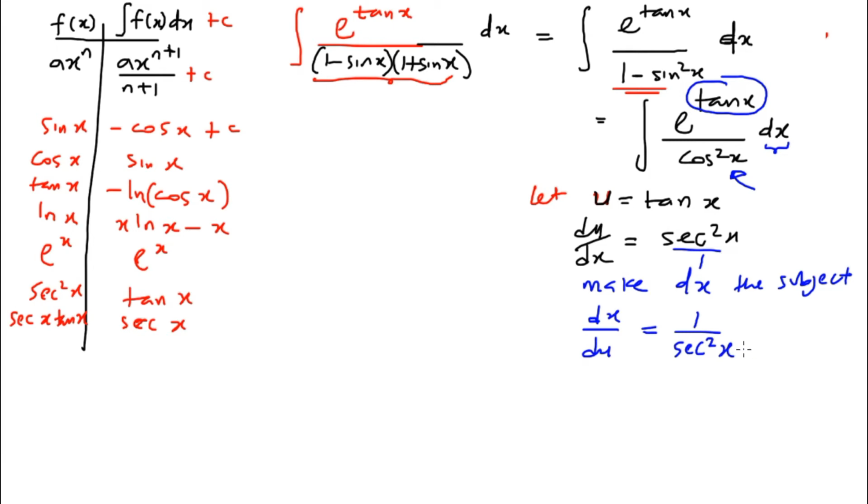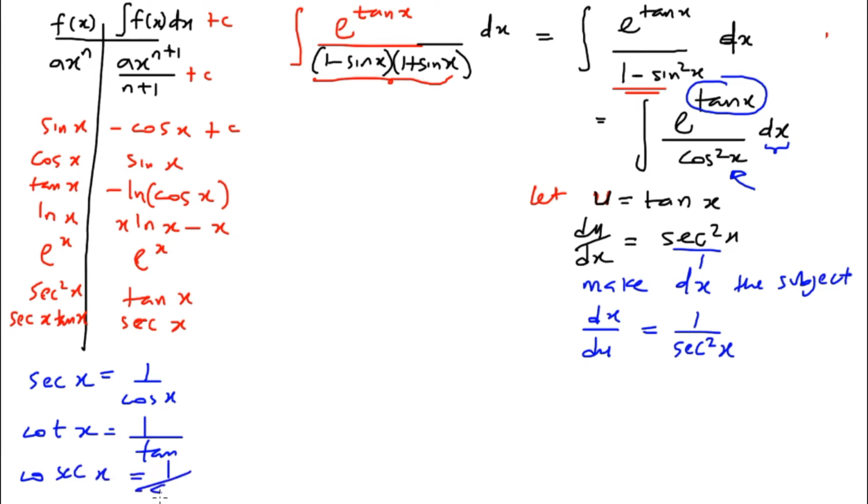And I know that sec is an inverse trigonometric ratio. Sec means 1 over cos x, and cot x means 1 over tan, and cosec means 1 over sine.